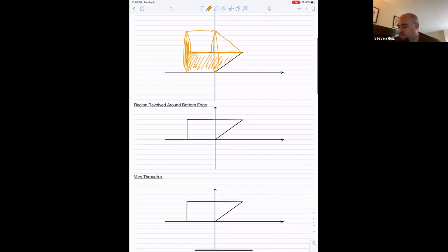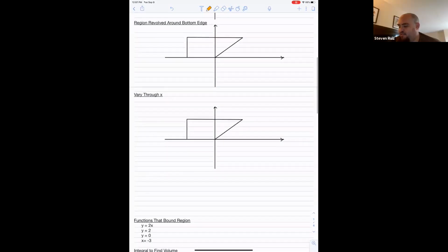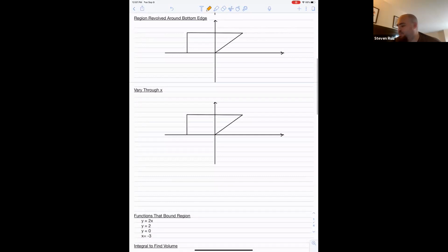The one that we're going to spend the most time on today is revolving this image around the bottom edge. So when you were trying this, it probably was more obvious that you needed to revolve around this edge. You may not have consciously known that you were revolving around that edge as well, but everything on that bottom edge. So again, just reflect this is easier for me to look at it in terms of left and right.